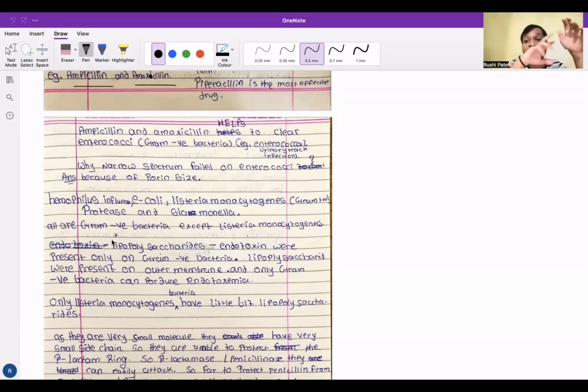If the drug has a small R chain, then who will protect it from the penicillinase or beta lactamase? Clavulanic acid is the acid we introduce with ampicillin or amoxicillin, which can kill the penicillinase or beta lactamase.